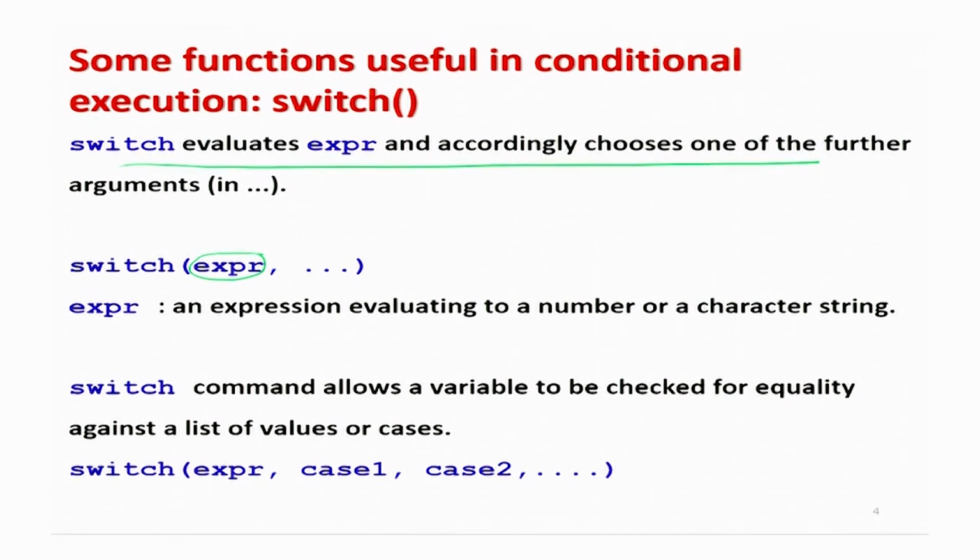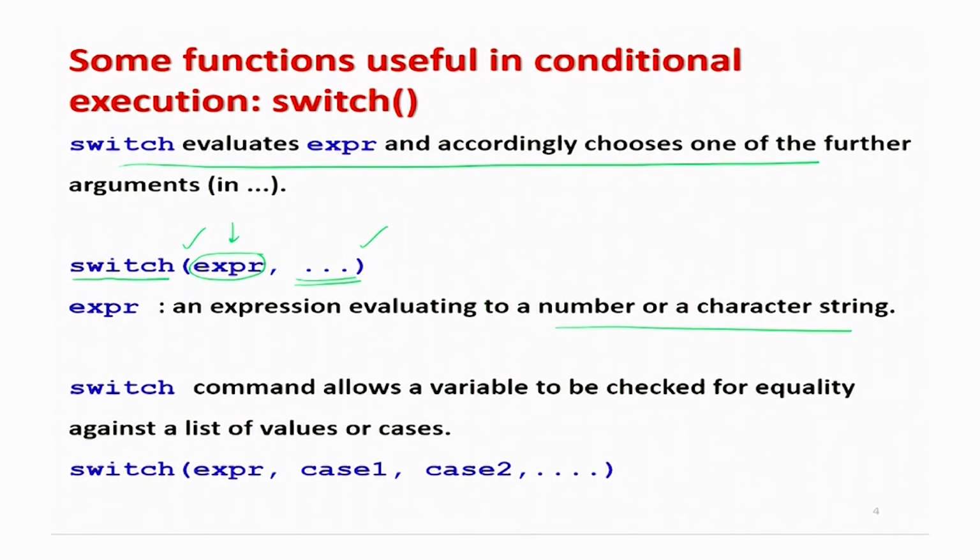So you write the command switch, all in lowercase alphabets, and within the parenthesis you write the value of that expression, which can be a number or a character string, and then after that you write the list of values.